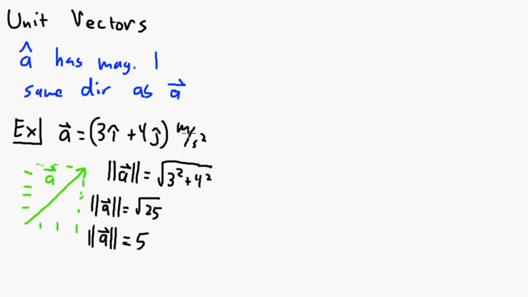Magnitude has the same units as the basic vector itself. So the magnitude of A is actually 5 meters per second squared. So now to scale this down into a unit vector, we want to divide this by this magnitude. So A hat, which is our unit vector for A, is going to equal this vector A over the magnitude of the vector A.